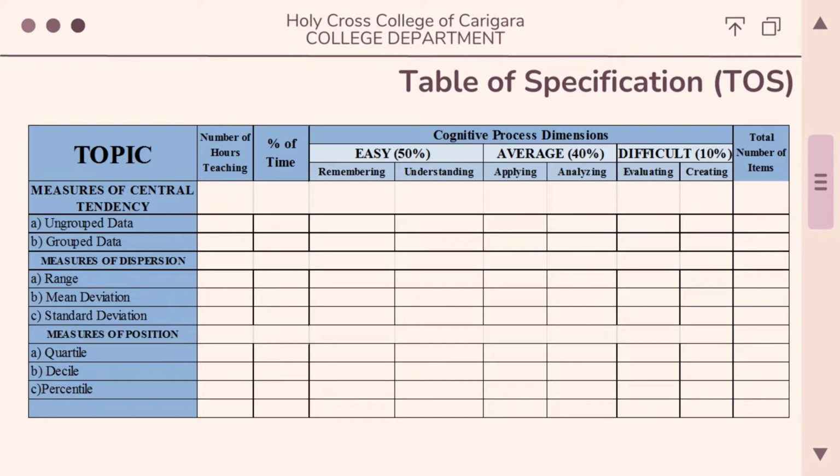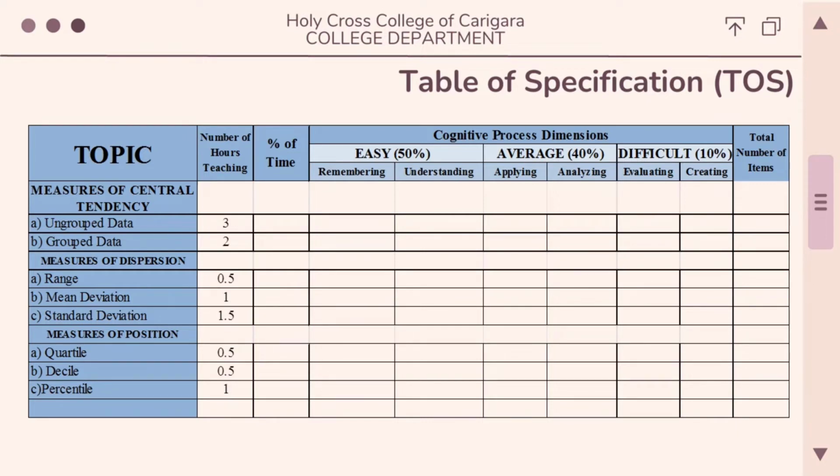Next, in the second column, we put the number of sessions we have used in teaching the topics. Per session, we have 1 hour and 30 minutes. So for the first topic, we have 3 hours, as it is the introduction and the basic knowledge. For the next topics, 2 hours for the grouped data, and so on and so forth.